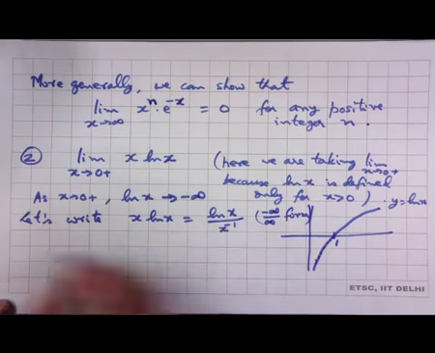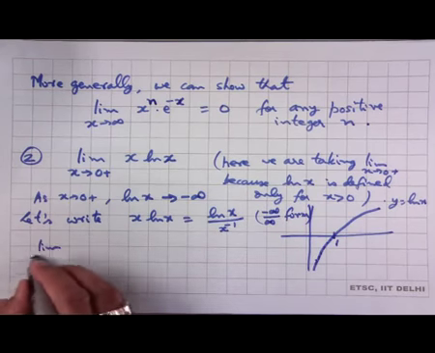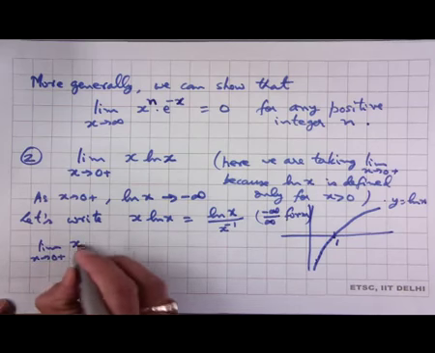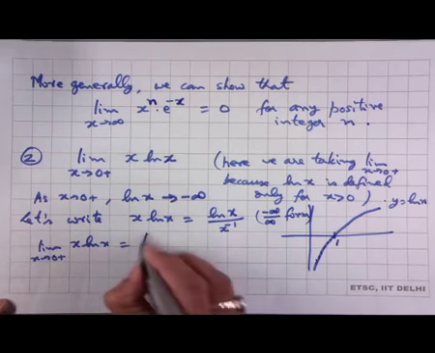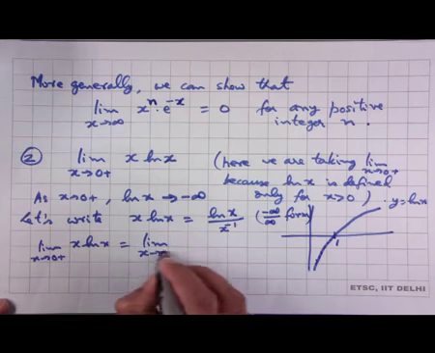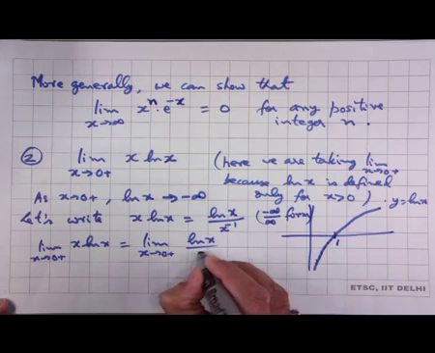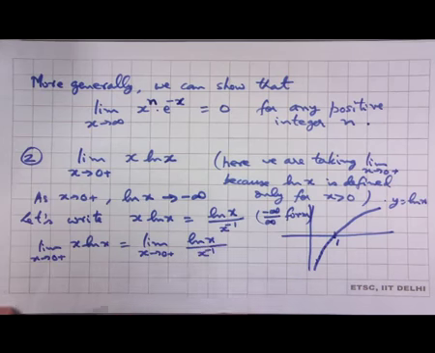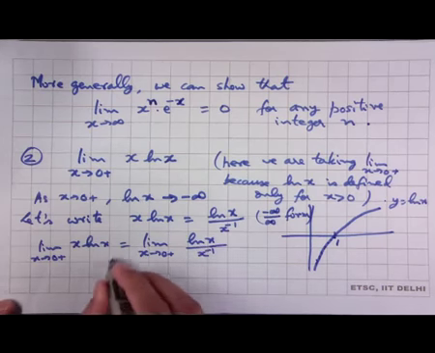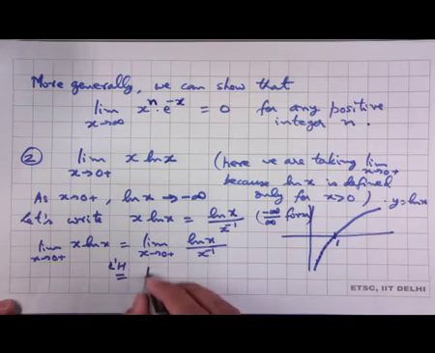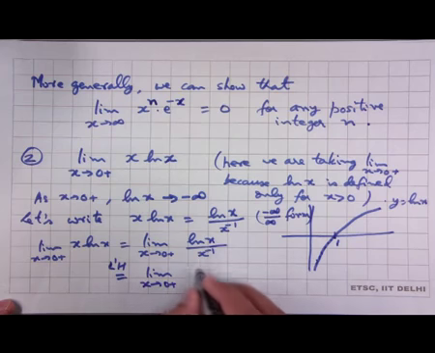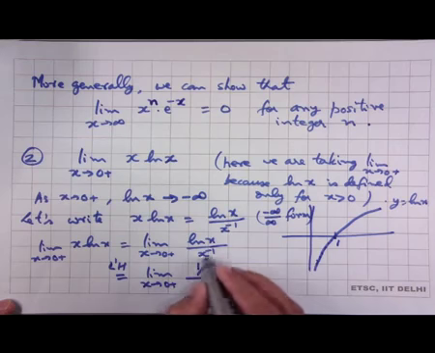So, by L'Hopital's rule, the limit as x goes to 0 plus of x log x is equal to the limit as x goes to 0 plus of log x divided by 1 by x. If I use L'Hopital's rule, this is equal to the limit as x goes to 0 plus of the derivative of log x, which gives 1 by x, divided by the derivative of 1 by x, which is minus 1 by x square.